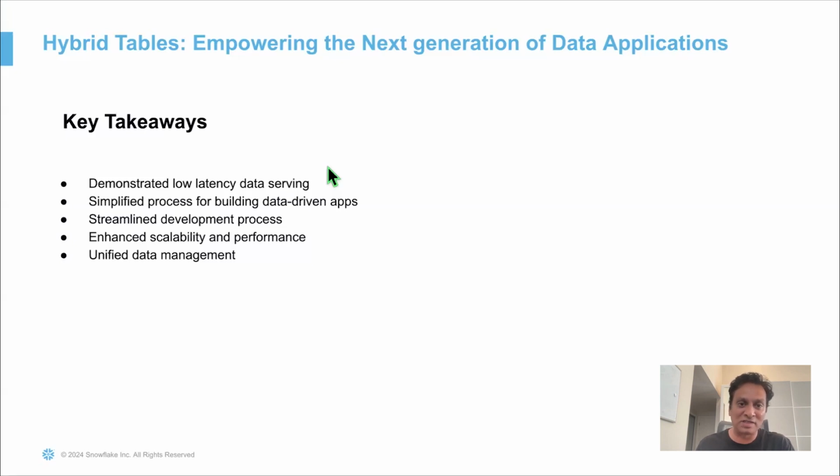So low double digits, we can serve low latency, high concurrency use cases with low double digit milliseconds. And I also showcased that we have unified data management, both analytical and transactional data workloads can be served from the same platform.